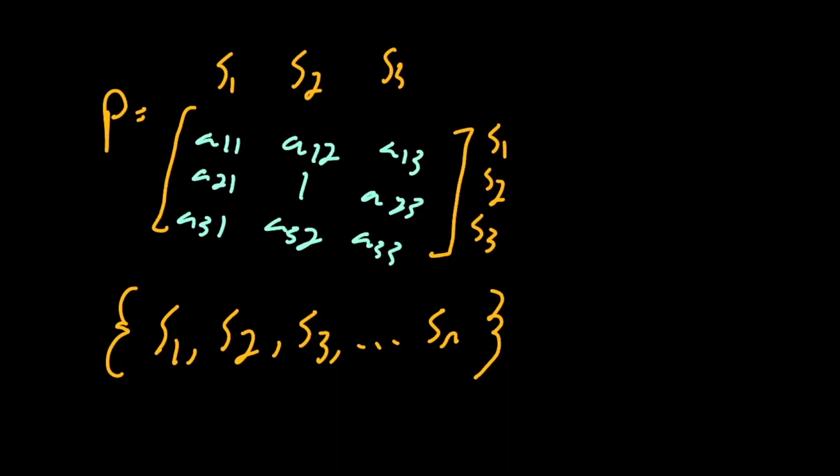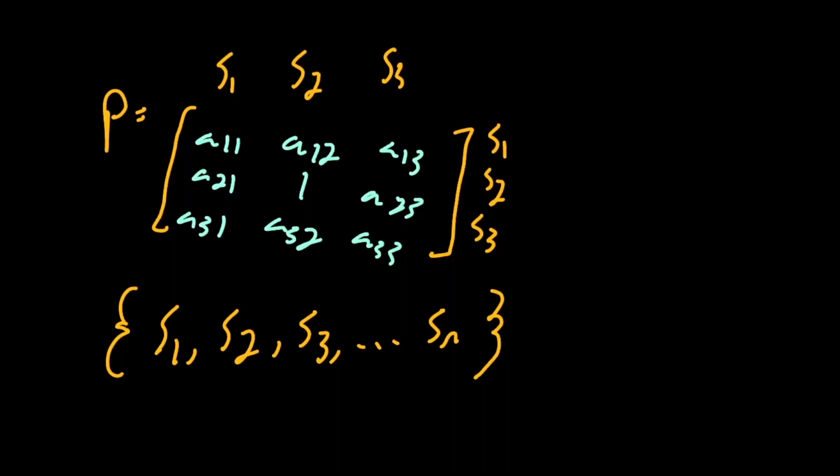And in order for a state to become an absorbing state, the entry within the matrix of transition probabilities, P, has to be 1, which is identified right here.